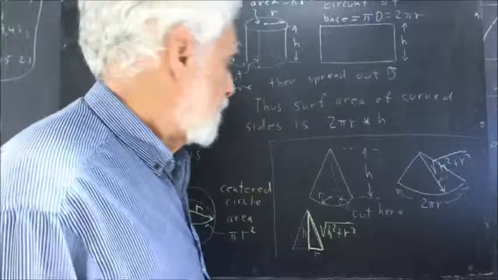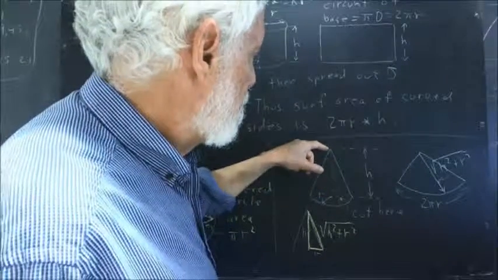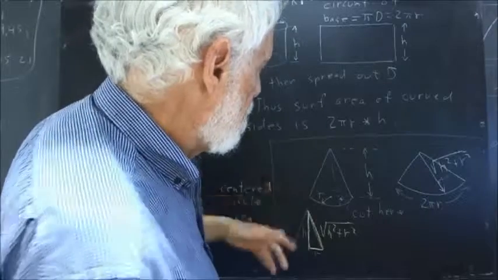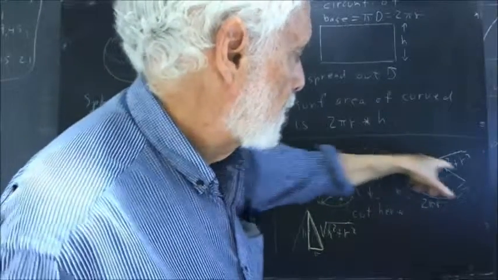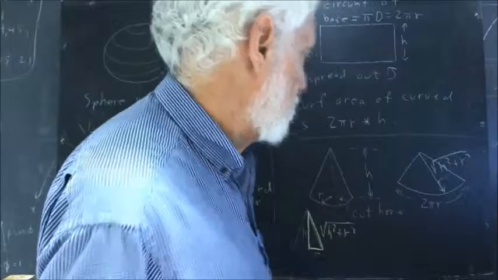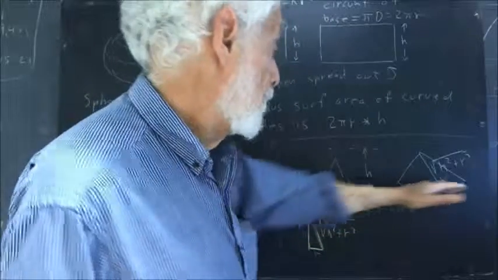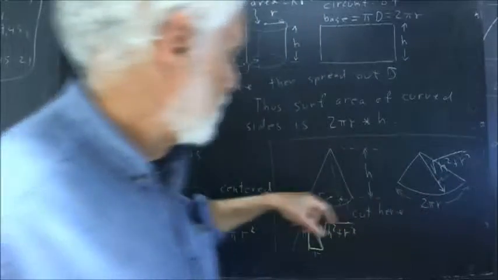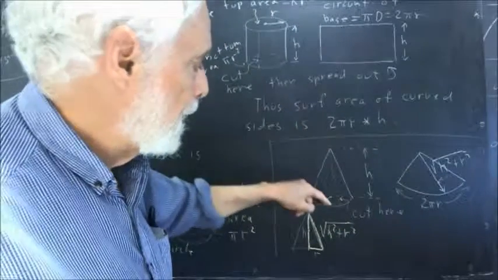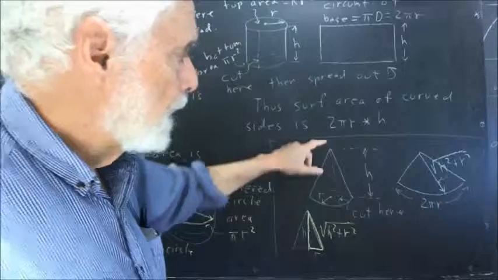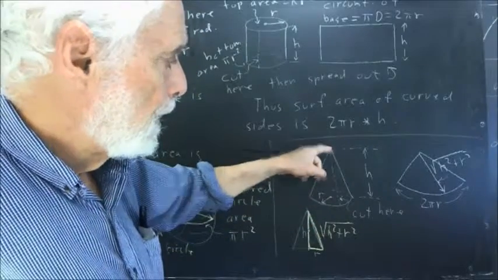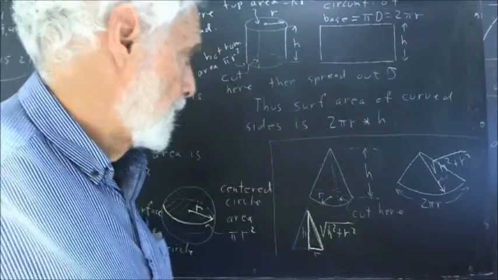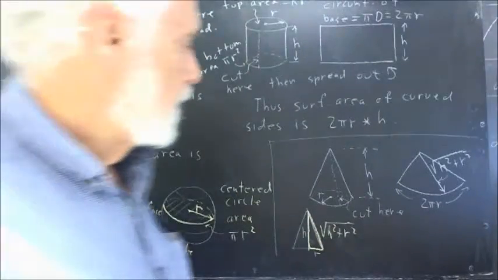Well, if we cut the cone here and spread it out, what we're going to get is a sector of a circle. It's going to be kind of like a triangle. People said it would be a triangle. Yeah, it is, but the side is rounded because the distance from the top to any point of the base is always the same, and it's the same as the length of this line here, let's say, along this side of the cone.